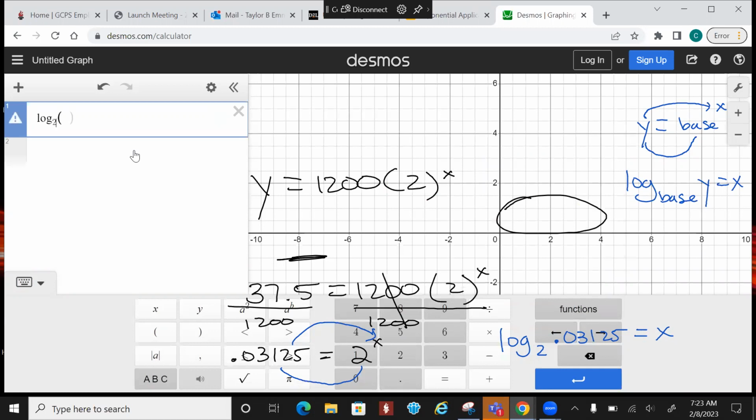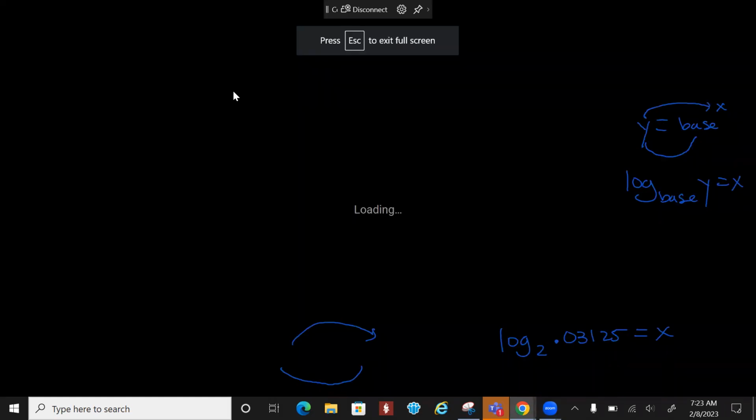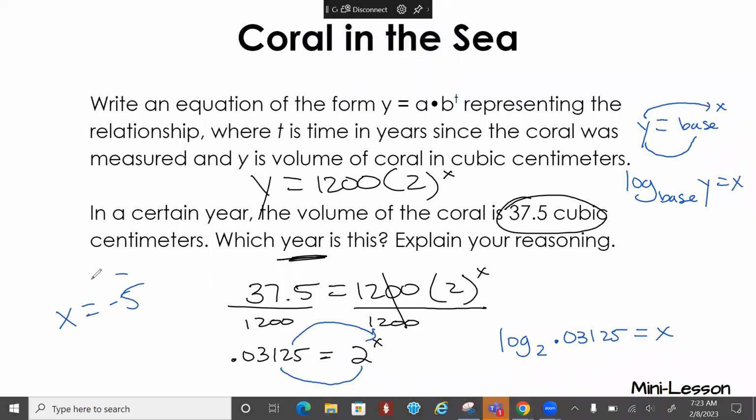Okay, but you're going to say log of base 2 of 0.03125. And that gives me -5, right? So my final answer is going to be x equals -5.